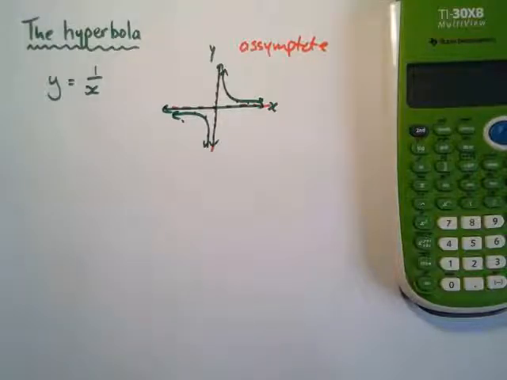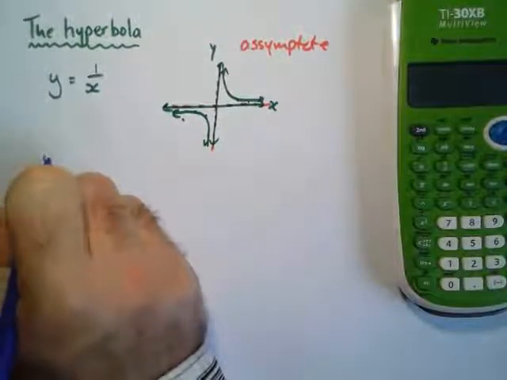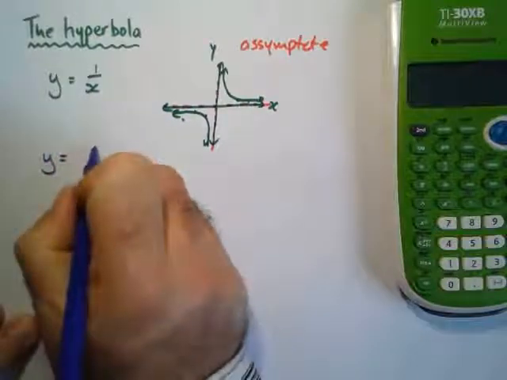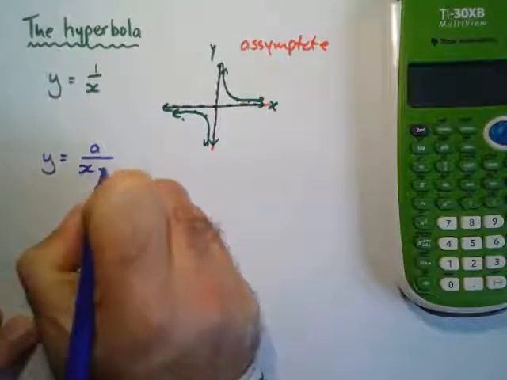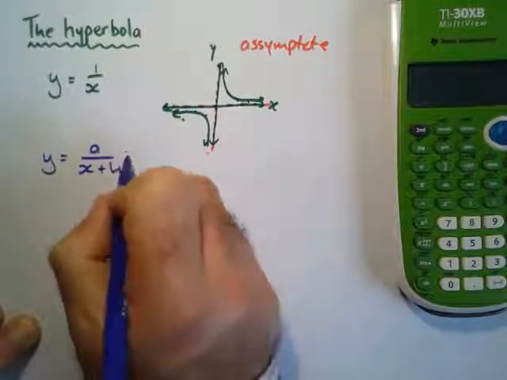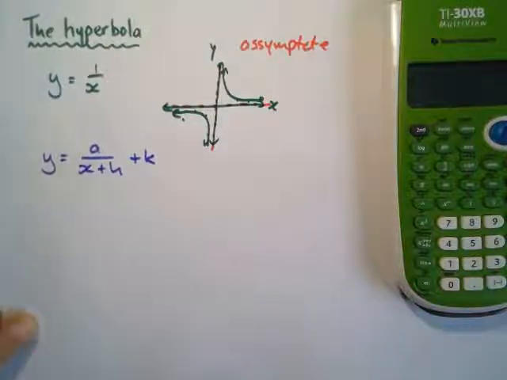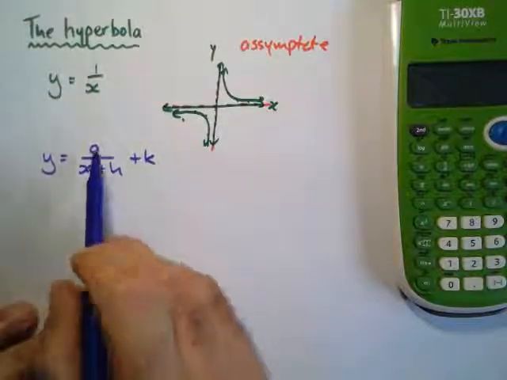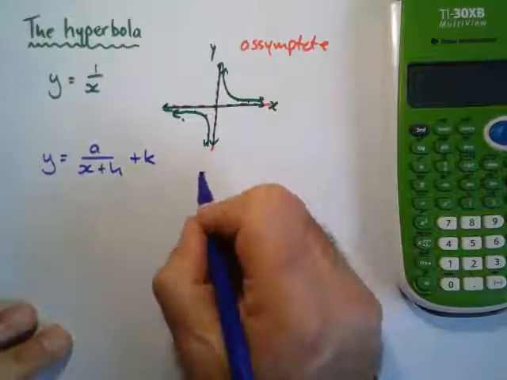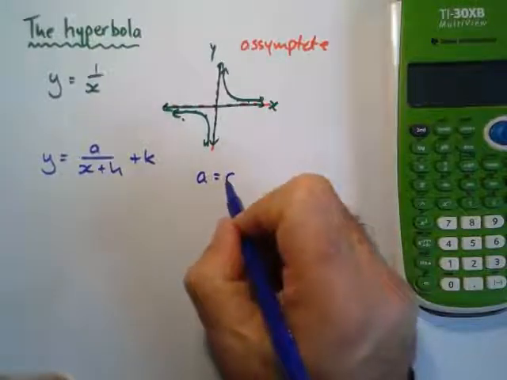What we're going to look at now is when these things start to move around. So if my graph looks like this, y equals a over x plus h, plus k, the same things happen here. a tells us that it's a dilation.